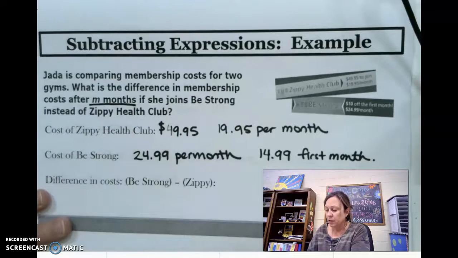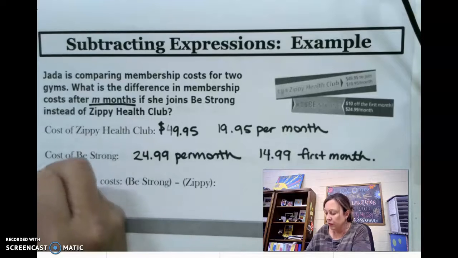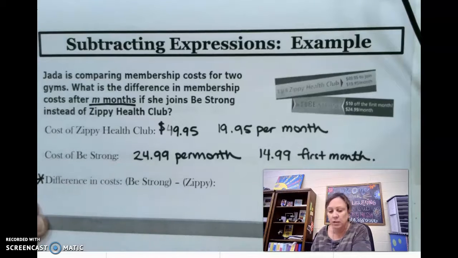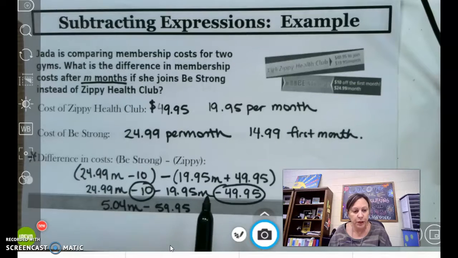Now, it asks us again, go back to the question, what is the difference in membership costs after M months? So we can't fully solve this. We can simply set up an expression and give the difference in terms of our variable M. So I would like for you to pause this video, see if you can fill in this expression, the difference in cost, and then we will review the answer in just a minute. Okay, let's look at your expression and compare it to mine.